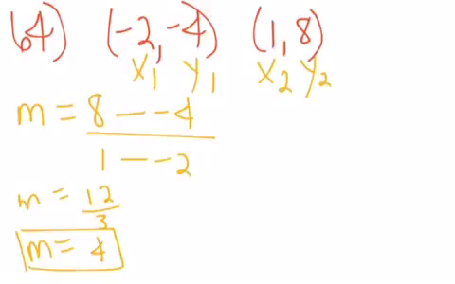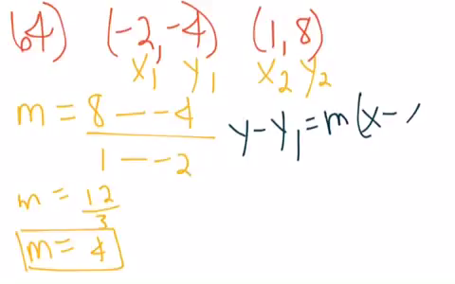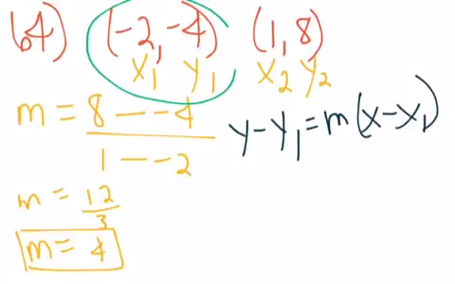So now we have a slope and we have 2 points. So we can use point-slope form, which is y minus y1 equals m times x minus x1. I encouraged you at the time, and I will continue to encourage you to use the x1 and y1 that you already have labeled.